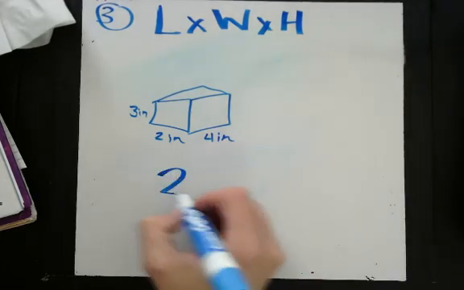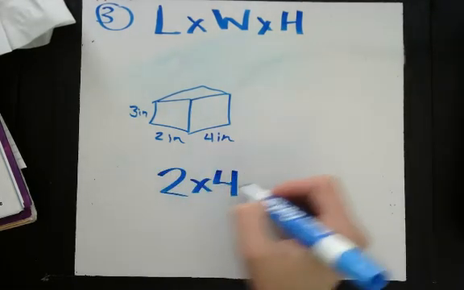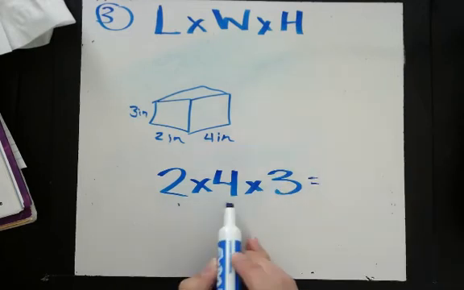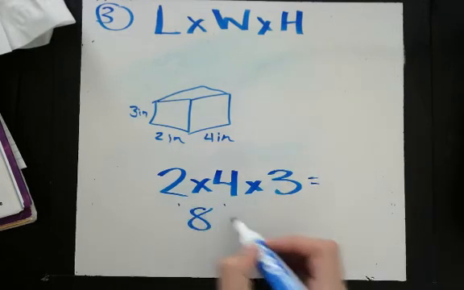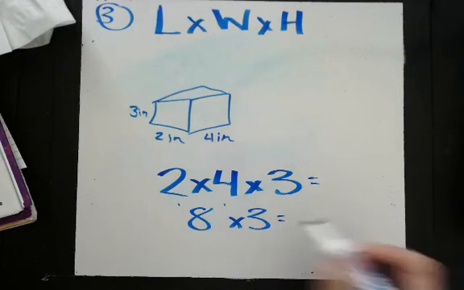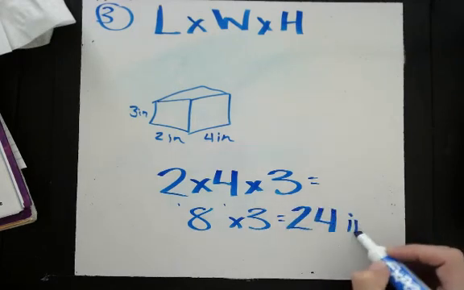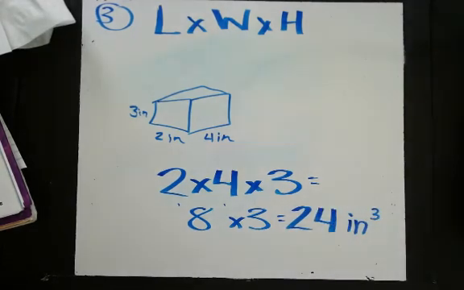So we're doing length times width times height. I know that 2 times 4 is 8, and 8 times 3 is 24. These were in inches, so that's cubic inches. And that's how we do it.